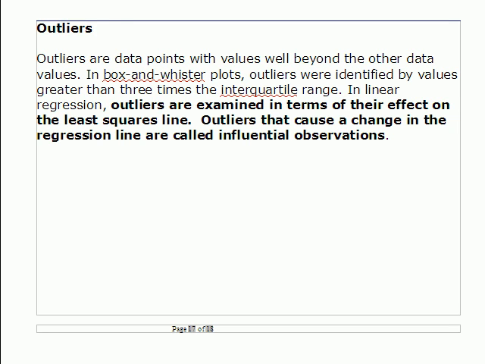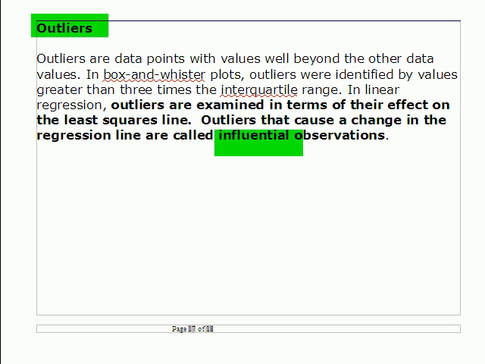So what are we looking at here? Outliers. We've talked about outliers before when we talked about box and whisker plots. Now we're talking about them with this linear fit. Outliers are data points that, if they change the linear regression line, are called influential observations because they have an influence on what we do.